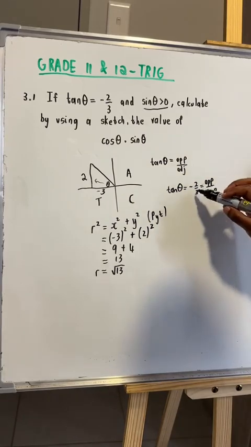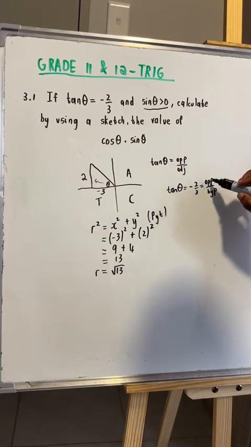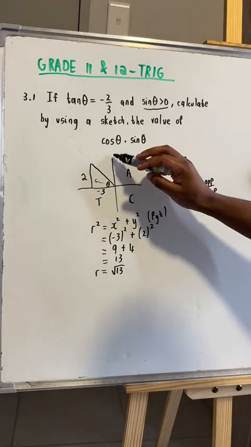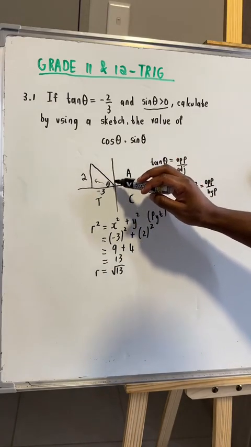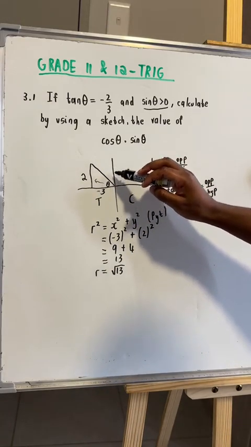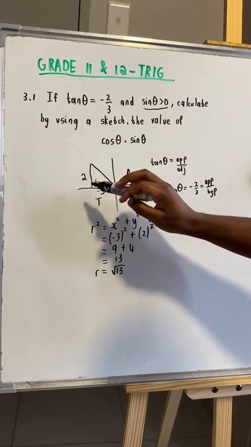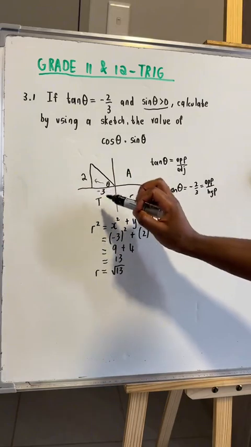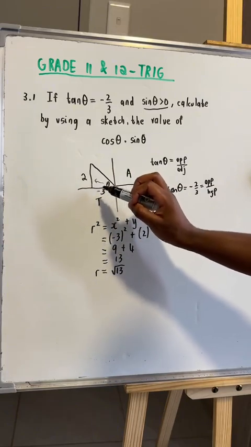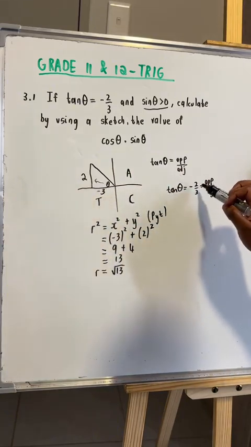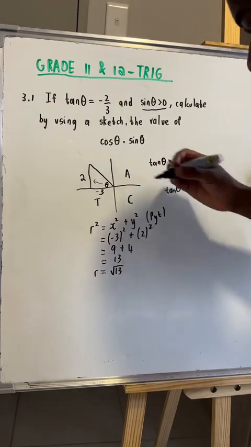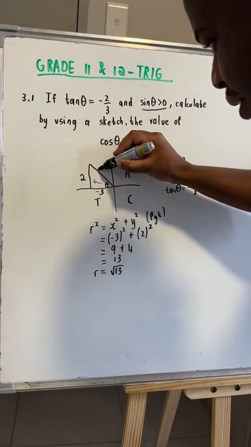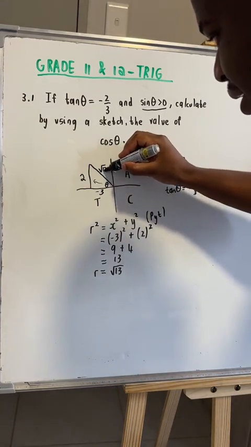So I simply matched these values to this statement that I've just written down. I looked at the quadrant and I can see that the y part is positive and the x part is negative, which is why I said here it's positive 2 and it's negative 3, which gives us negative 2 over 3. So we know that the value of the hypotenuse is simply root 13.